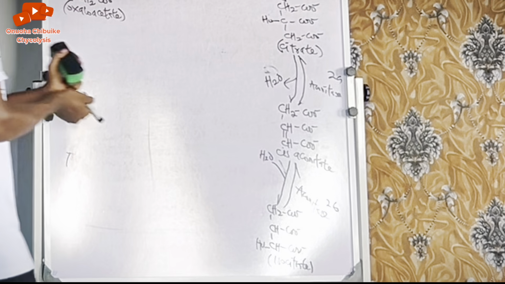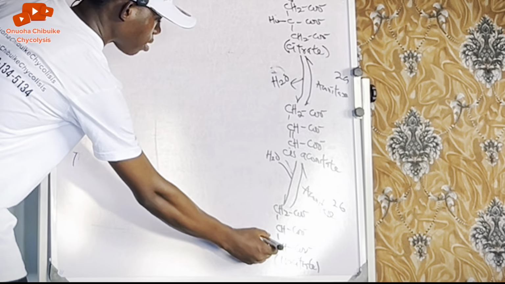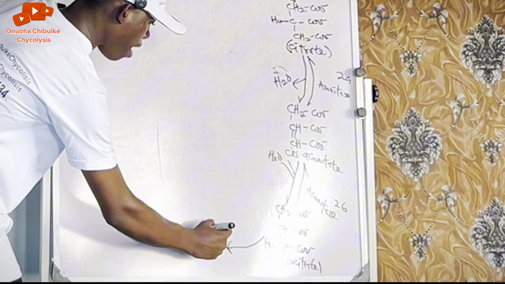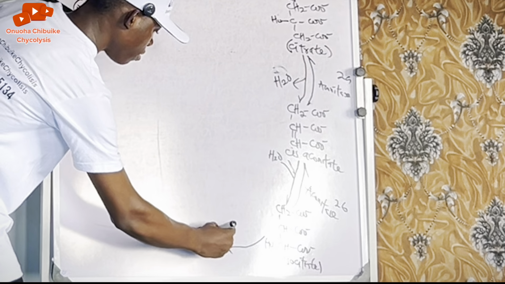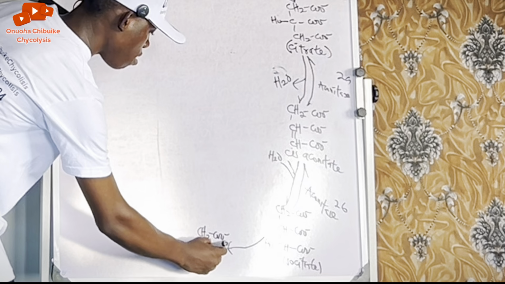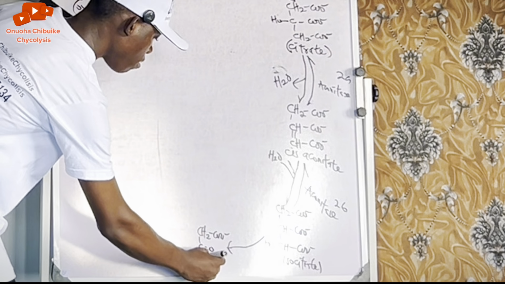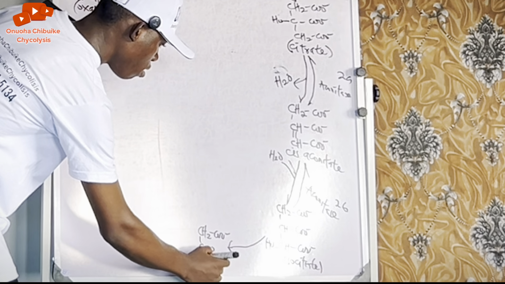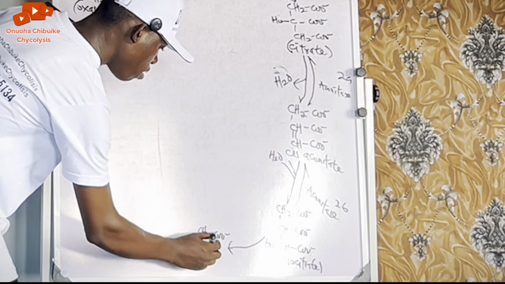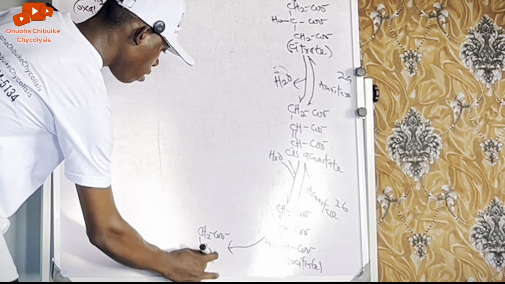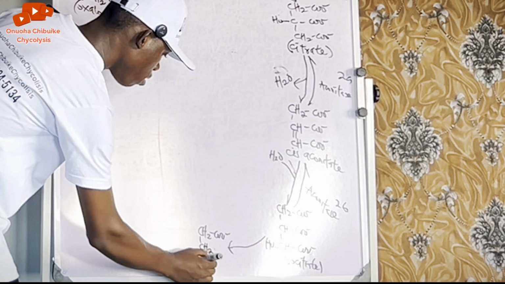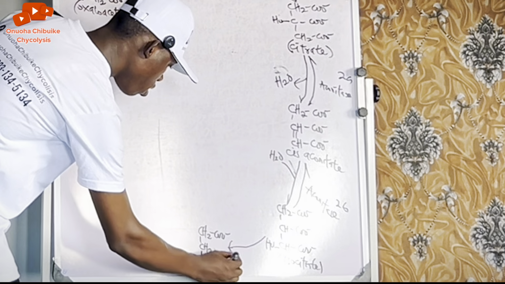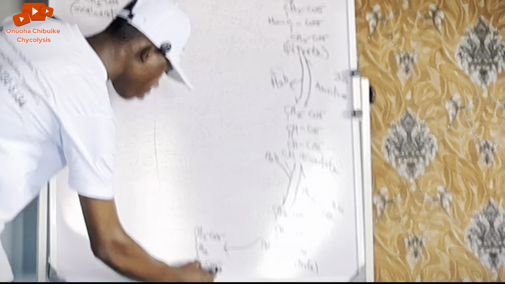Step 3 is the oxidative decarboxylation of isocitrate to alpha ketoglutarate.